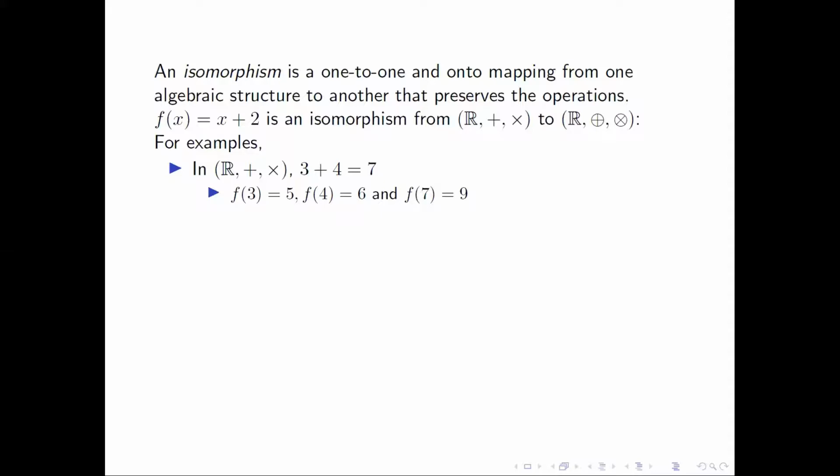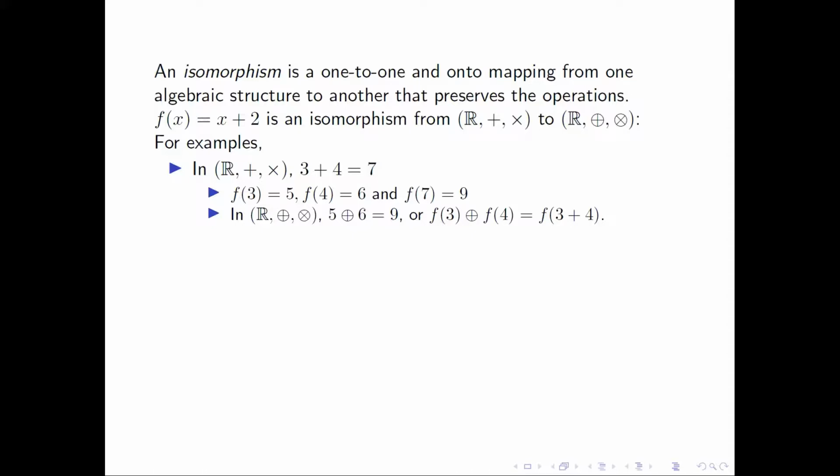And we know f of 3 is 5, f of 4 is 6, and f of 7 is 9, the plus 2 function. Then 5, 6, and 9 are in the second domain, and also 5 circled plus 6 equals 9. Or f of 3 circled plus f of 4 equals f of 3 plus 4.